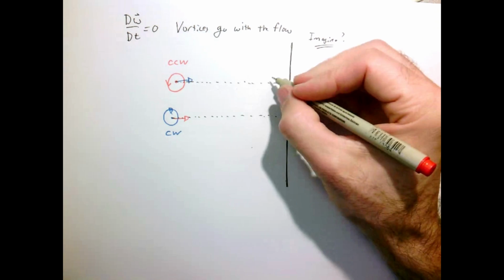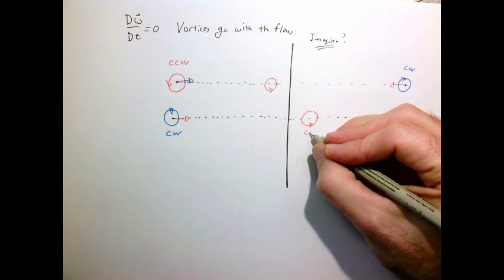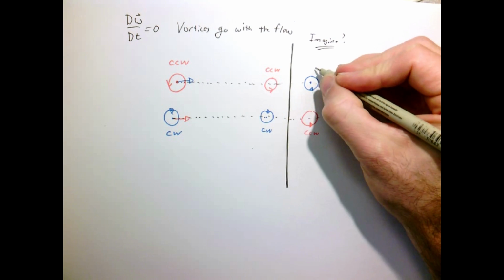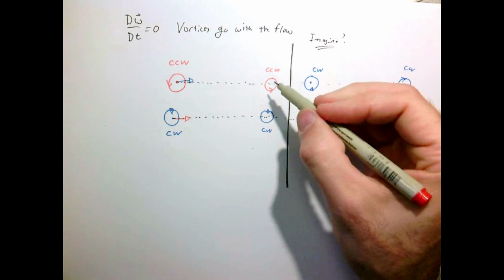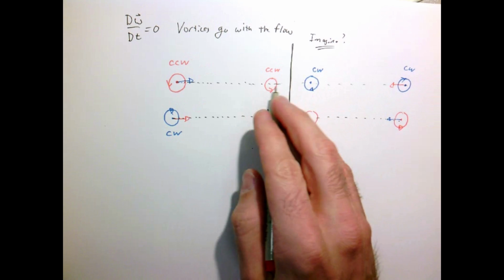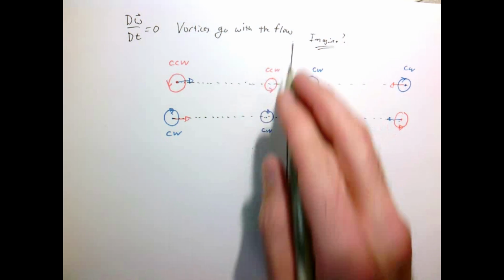So at some later time, our vortices are going to be close to the wall. There are our four vortices, our two in the actual fluid, and our two image vortices, which are just the reflection to allow there to be no flow, or symmetry, across our wall.